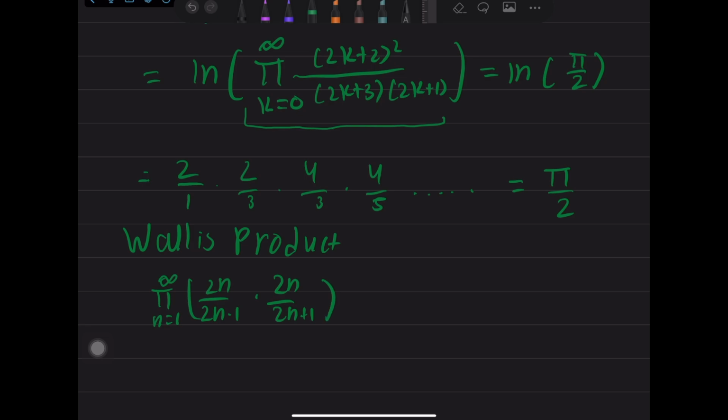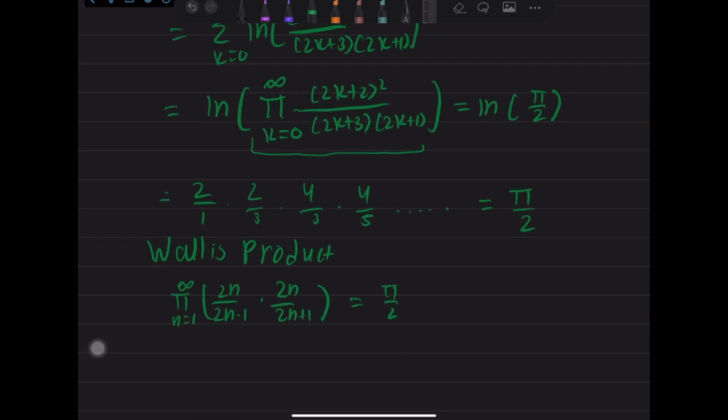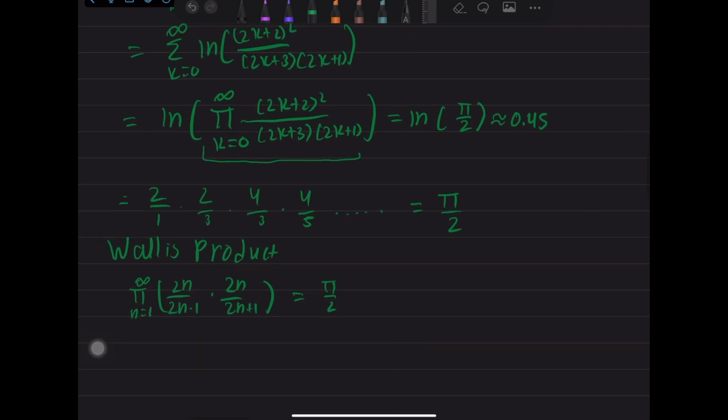It might be simplified, but this is equal to pi over 2. And this product now tells us that this answer is ln of pi over 2. This is approximately 0.45. And so we have our answer.